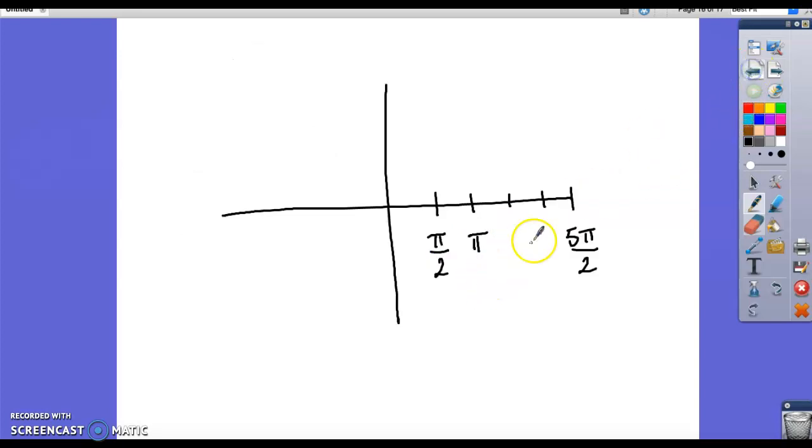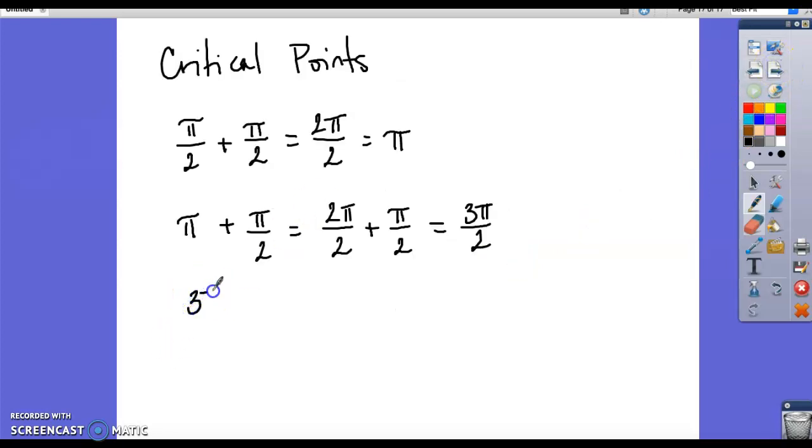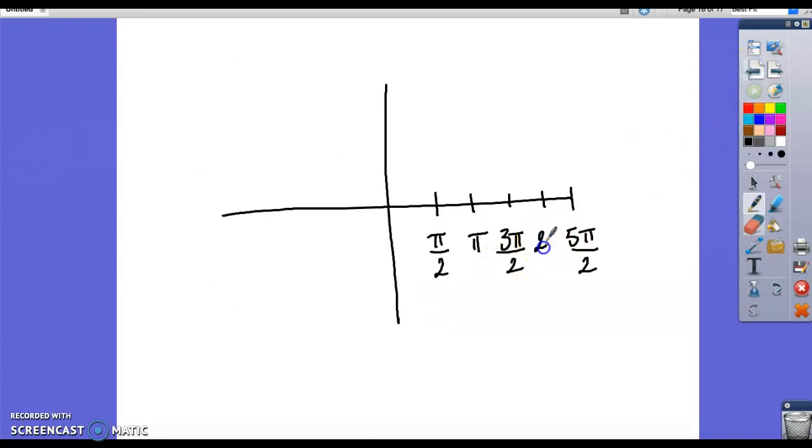If I add that together, I get 3 pi over 2. Then to find my next critical point, I add pi over 2: 3 pi over 2 plus pi over 2 is 4 pi over 2, which is 2 pi. Sorry, that wasn't my last critical point.